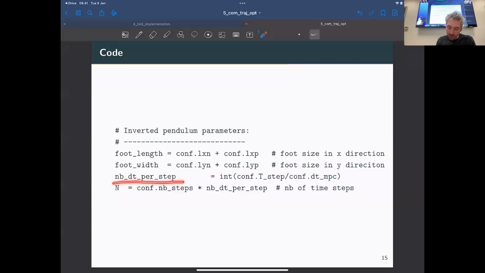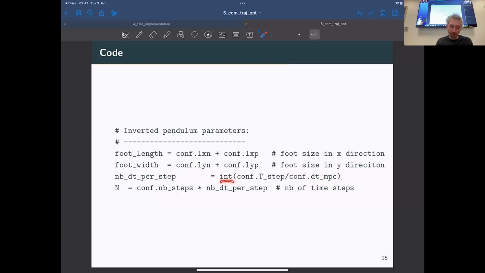Then we need to decide how many time steps we have for each footstep. We need to be careful now when talking about steps, because it could be a time step, so dt, or it could be a footstep. So we have same name for two different quantities. So I'm going to try always to say either footstep or time step, never just step, because that's ambiguous. So here we take the duration in time of a footstep, and we divide it by the time step delta t.